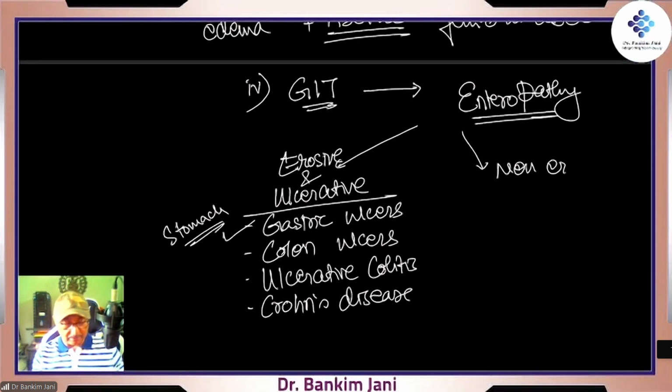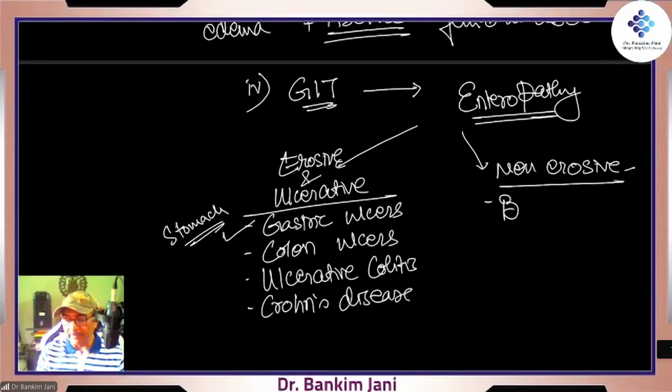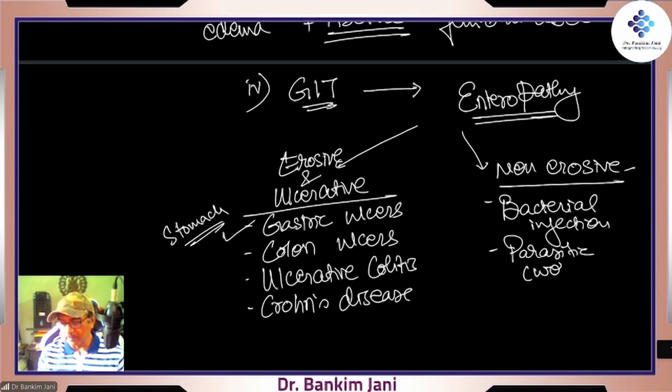Non-erosive means there is no ulcer, but say a bacterial infection or parasite infection, that means worms. There is so much diarrhea that all the fluid and everything is lost. What is that fourth one? 1, 2, 3, 4. It is called Crohn's disease. C-R-O-H-N, right?